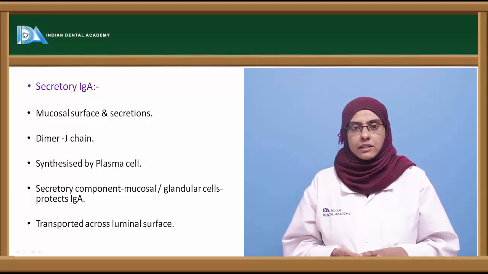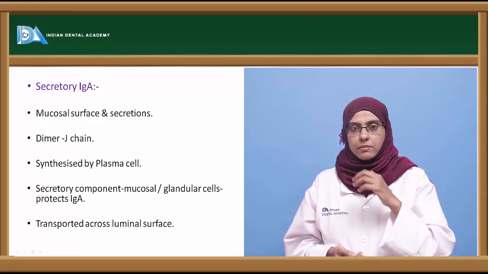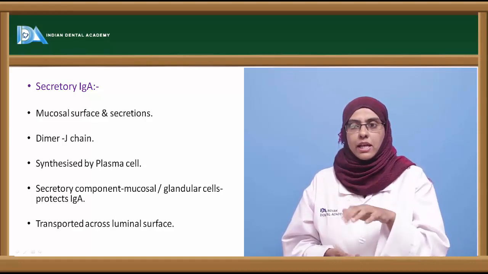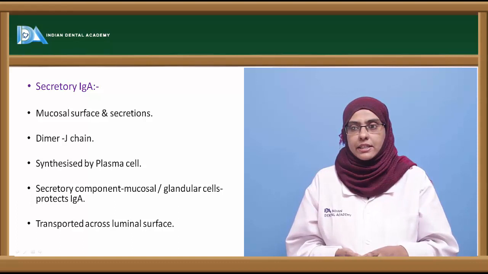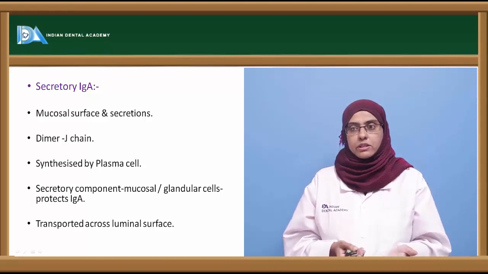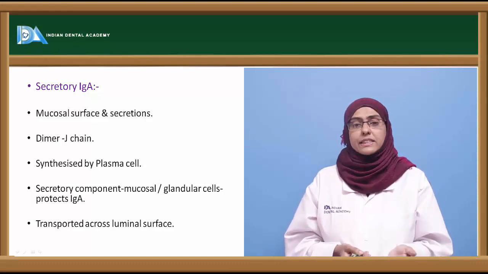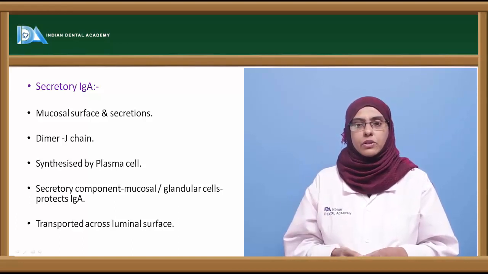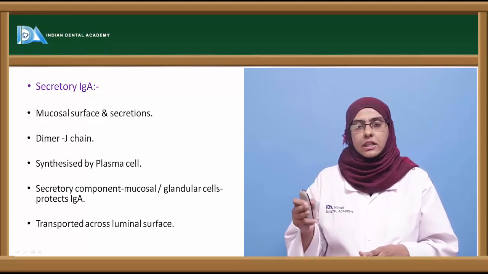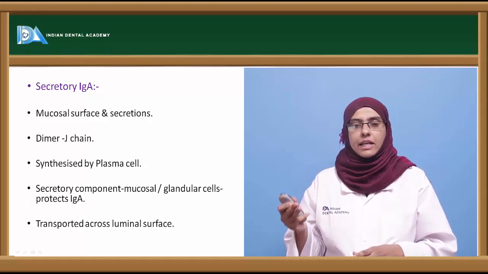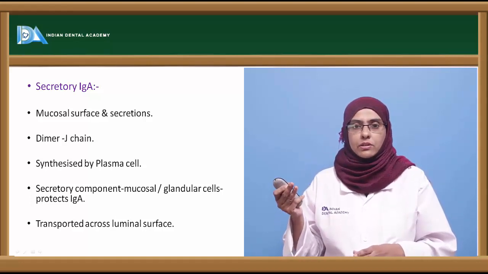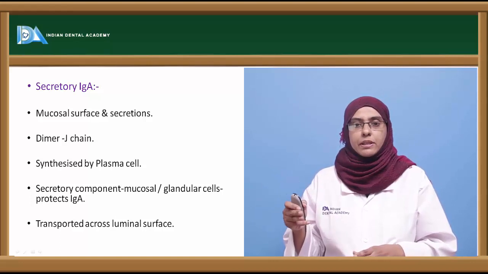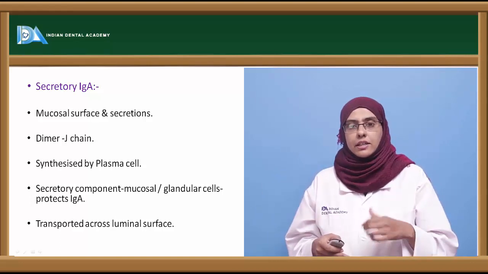And apart from the main dimer, it also has an extra component which is called the secretory component, produced by the mucosal or glandular cell. It is not produced by the plasma cell, but by the mucosal or glandular cell, and it protects the IgA from digestion by the bacteriolytic enzymes produced by the bacteria present in the human intestine.